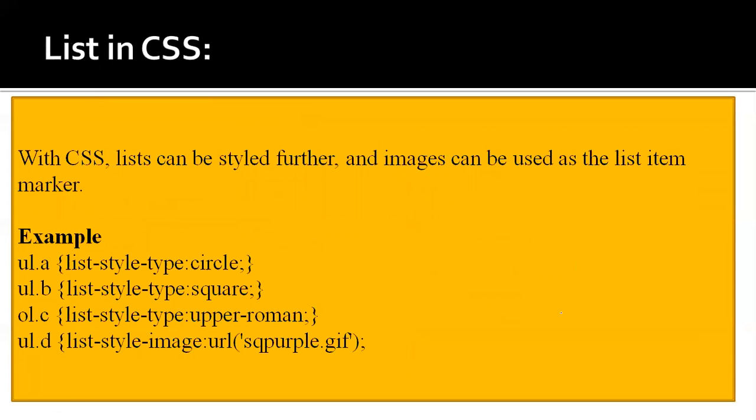Then you can specify CSS properties for lists also. I have written only some of the basic properties. You can explore many other properties also. For example, list style type colon circle means the list is of type circle. List style type colon square means the list will appear as a square shape.